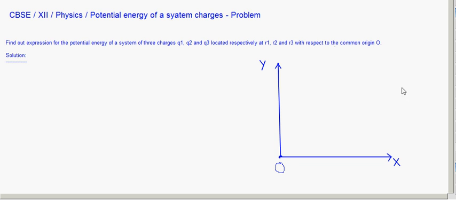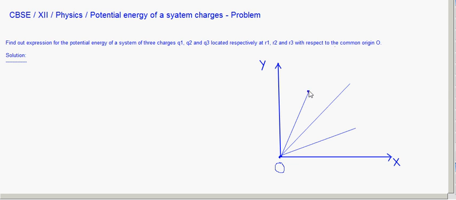So let us assume some distances. Let me say we have Q1 over here, and another charge here. We don't know which distance is greater or smaller, so we'll just assume three charges.